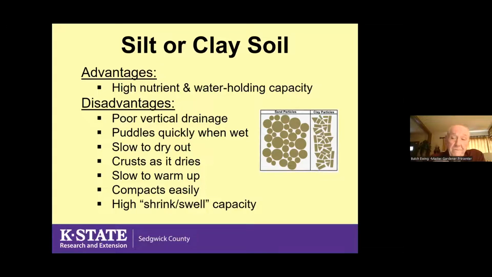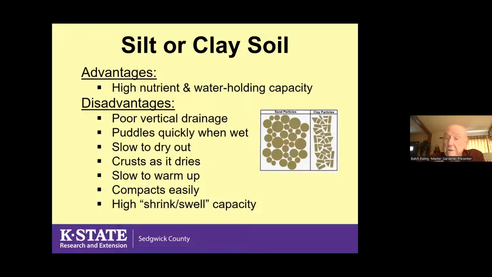You're going to have some real drainage issues, which is a real common problem for a lot of gardeners, because a lot of plants don't tolerate having wet roots for long periods of time. Water's going to want to puddle on there or run off real quick because it doesn't infiltrate the soil very quickly.